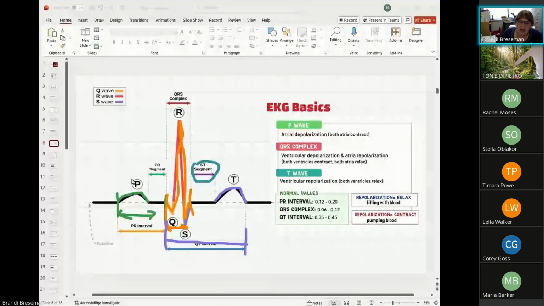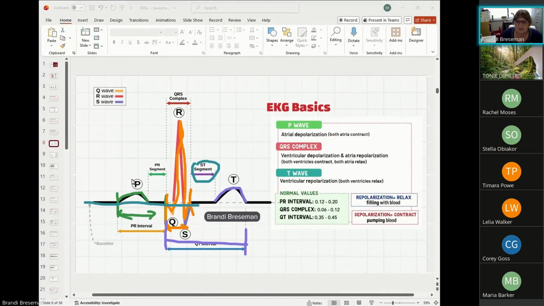So what happens is, this line that starts here is called your baseline or isometric line, okay? Your waves should come back to that isometric line. Well, when you have an ST elevation, this line right here goes away and it comes up and you don't see it.